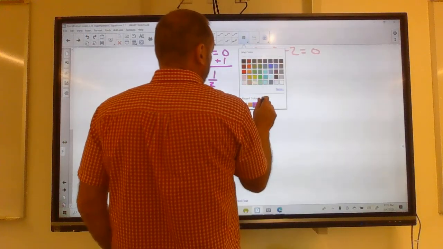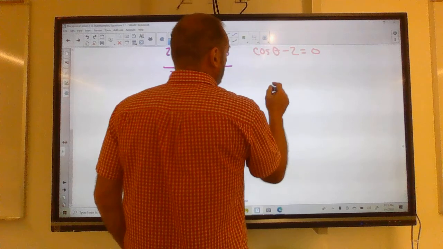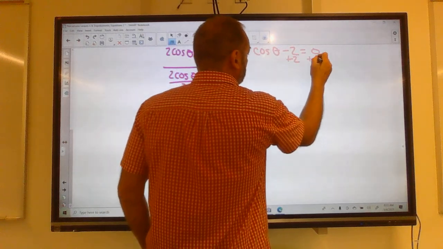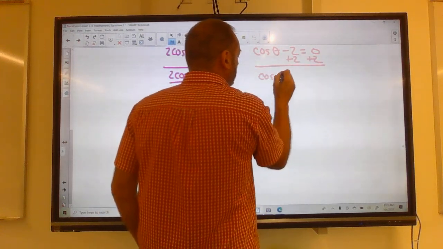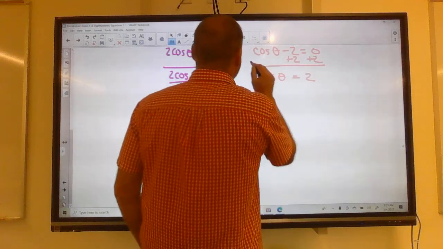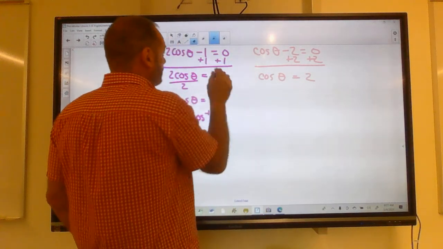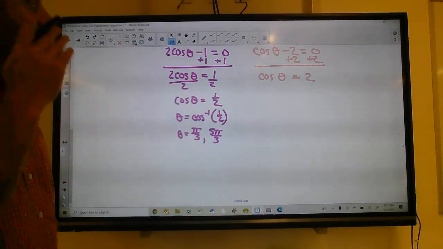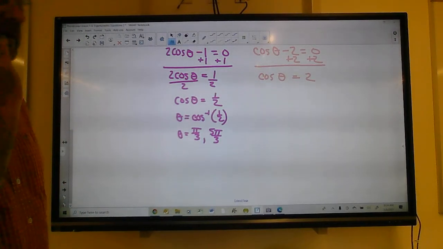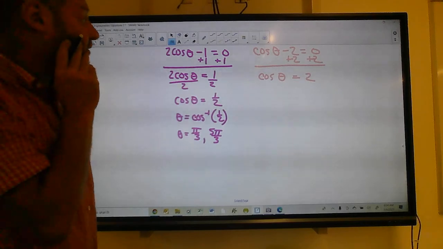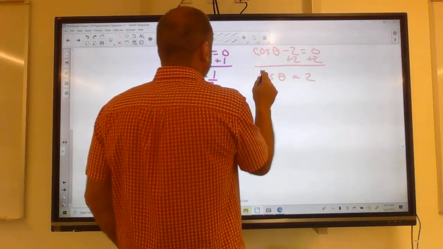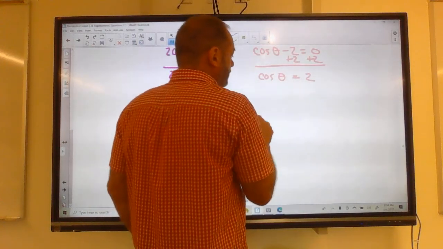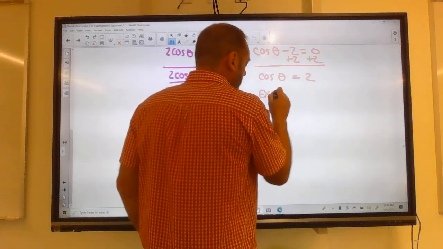Now what's going to happen over here? So I'm going to add 2 to both sides, and I get cosine theta is 2. Now, you should realize we got a problem here because sine and cosine are never more than 1. So that tells me that this right here is an extraneous solution.